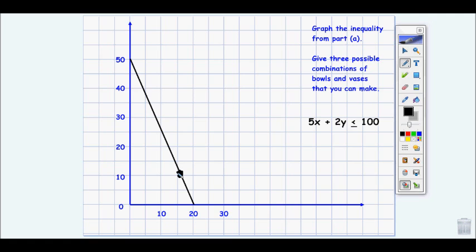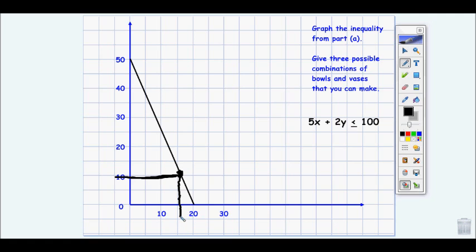Let's say 16, because it's 10, 15, 20. We're going to say 16 bowls. That means I could make about 10. 16 bowls would let me make 10 vases. Or if I wanted to make 50 vases, that means I could make 0 bowls.